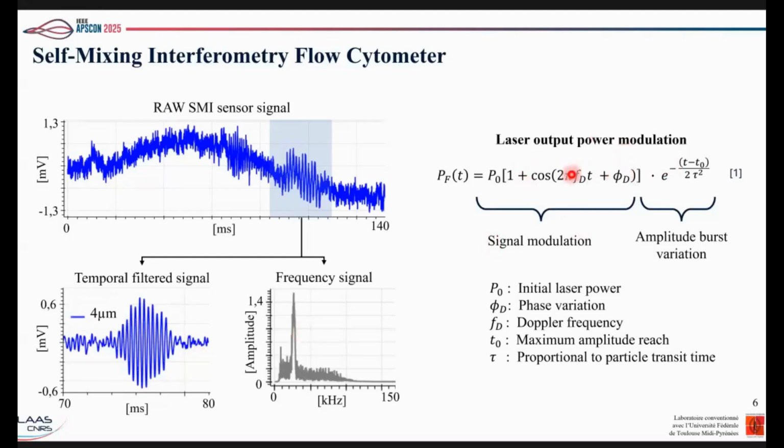Basically, it comprises two terms. One term expresses the modulation, the number of bursts of fringes, related to the Doppler frequency of the particle, and another term explains how the signal changes when the particle enters the laser beam and when the particle goes out. That is this shape that we have here.